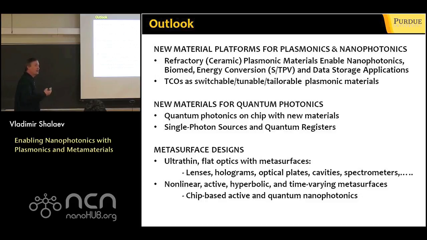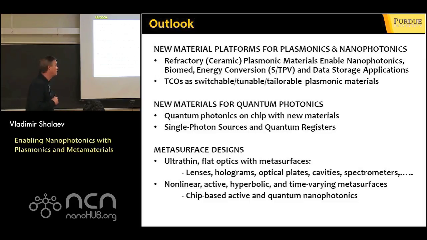We also considered earlier that these material platforms are critical for future quantum photonics. We are really doing just baby steps. With these plasmonic metamaterials, we seem to find materials that promise these exciting applications, like metal nitrides, transition metal nitrides, and transparent conducting oxides.